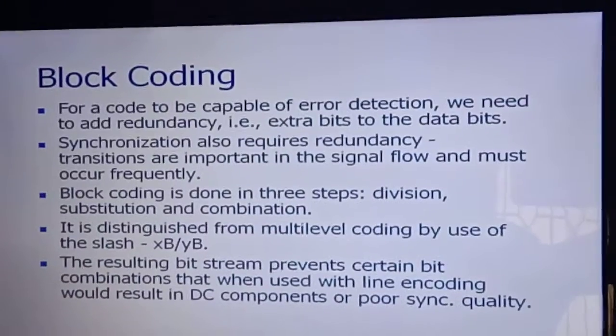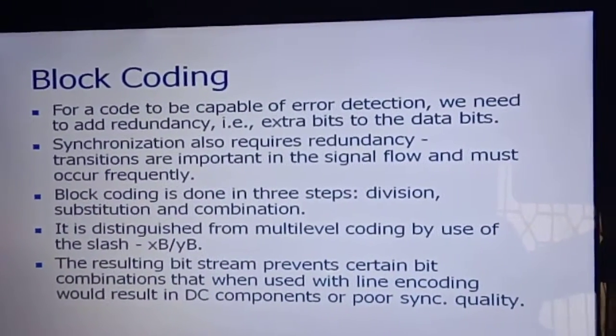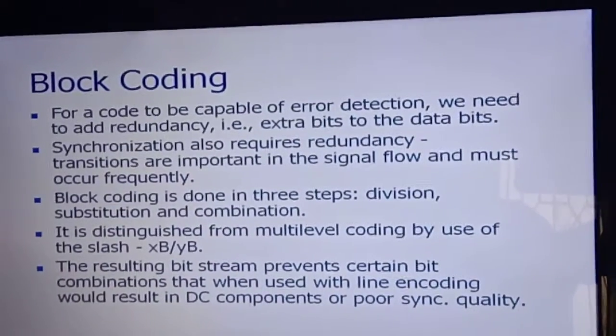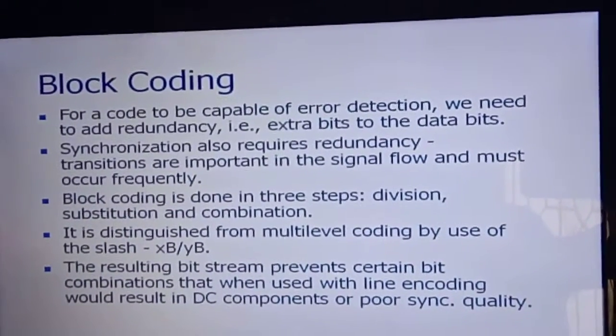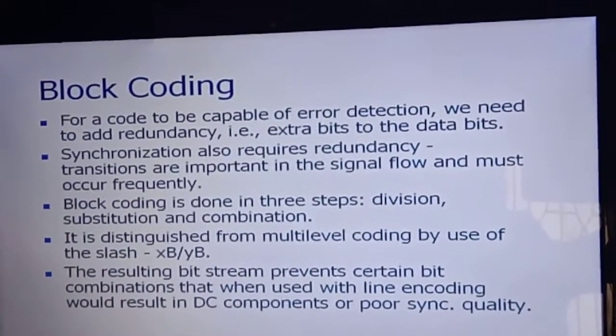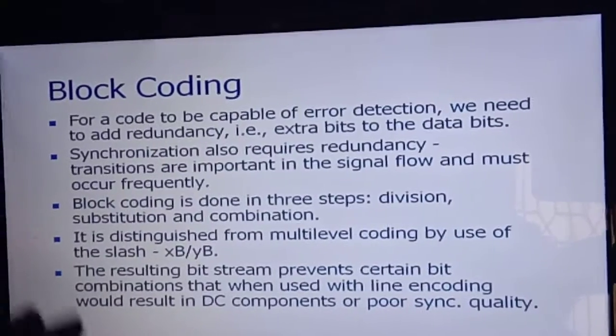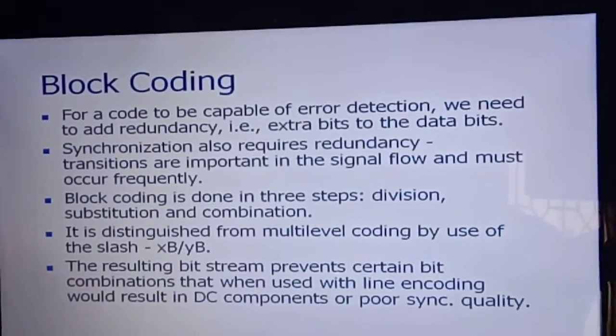If the remainder is 0, there is no error. If the remainder is other than 0, we convert that binary value into decimal, and the decimal value we obtain is the bit in the data stream that has been corrupted. That is how we can identify errors in data transmission.